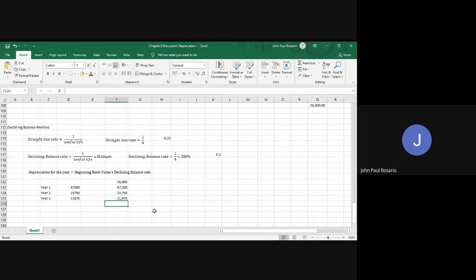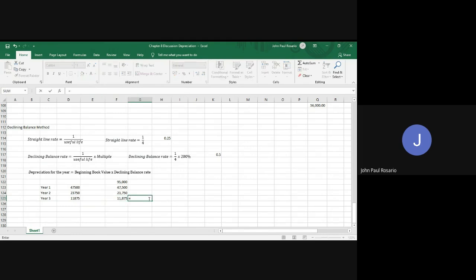Now here's the trick when it comes to declining balance method. You can never depreciate your asset more than the salvage value. So if this is the case, the depreciation will be adjusted at the end, whatever it is, so that your book value will not become lower than your salvage value.